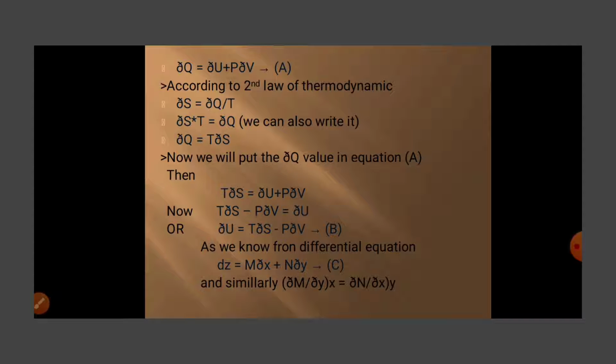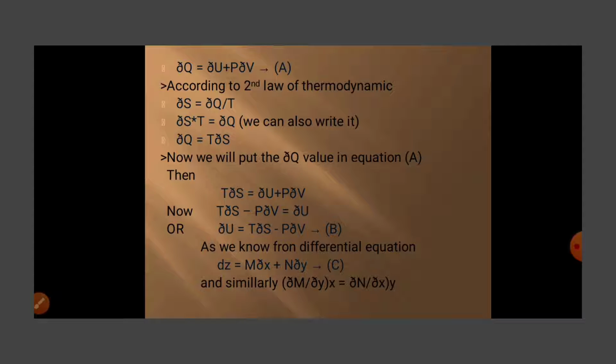In equation A we have dq, so we will put the dq value in equation A. After putting dq, which is T dS, our equation becomes T dS equals dU plus P dV.